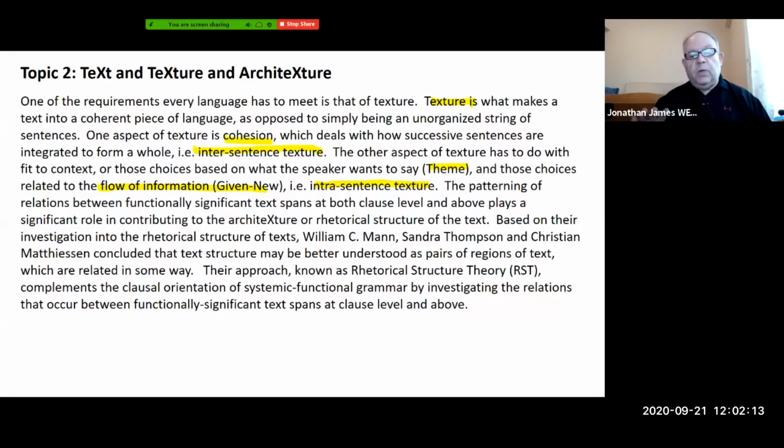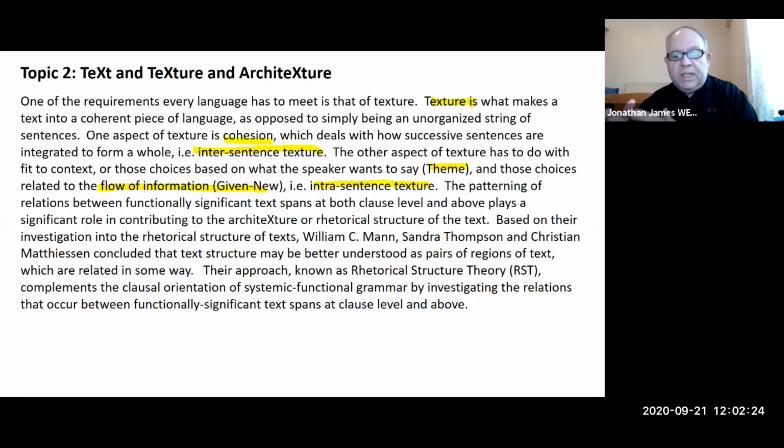So these two aspects of the cohesiveness of the text: the inter-sentence texture, and the intra-sentence texture, with the choice of theme, how you begin a particular clause, and the flow of information, old information, new information. A text has a particular texture, and another way I like to look at it is as a kind of patterning, all right?